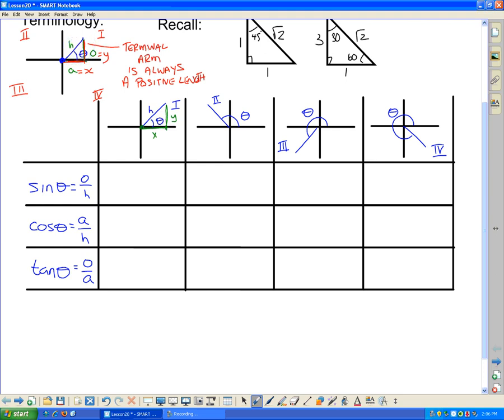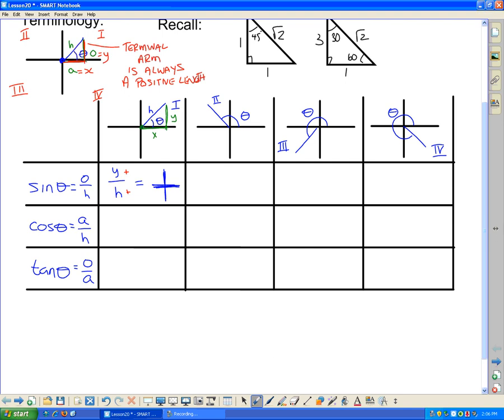Sine is opposite over hypotenuse, so the ratio is y over h. The y value is positive and the terminal arm is always positive, so a positive divided by a positive will be positive. In quadrant 1, the y value will always be positive, the terminal arm is always positive, so the decimal or fraction we get for an angle between 0 and 90 will always be positive.